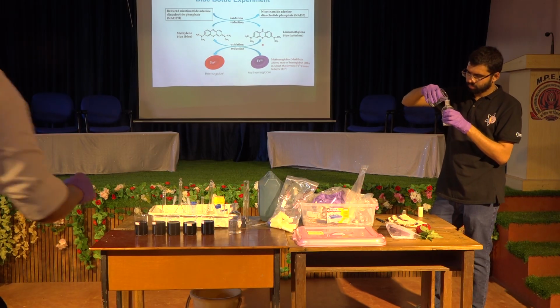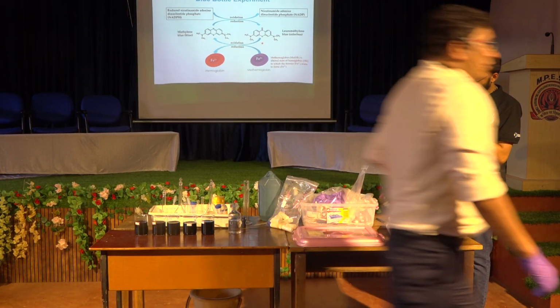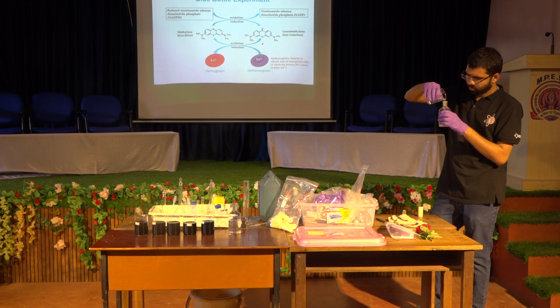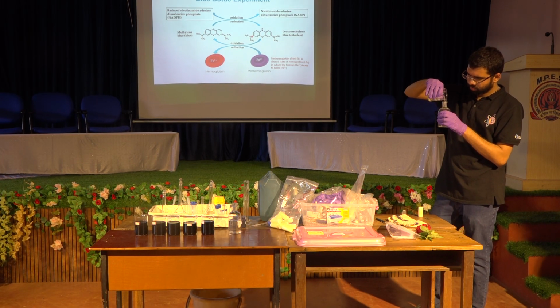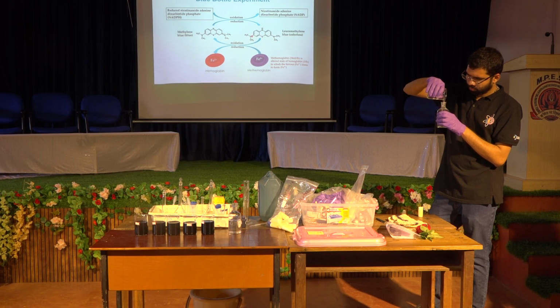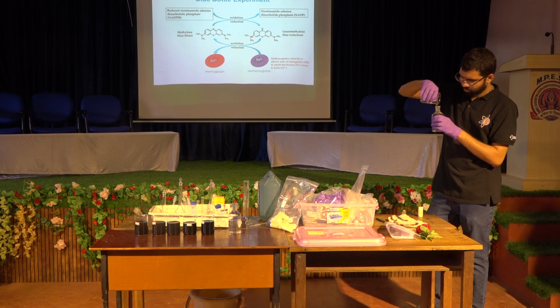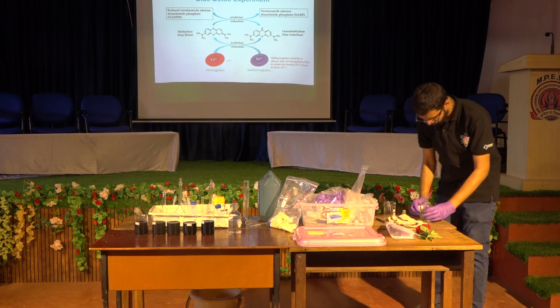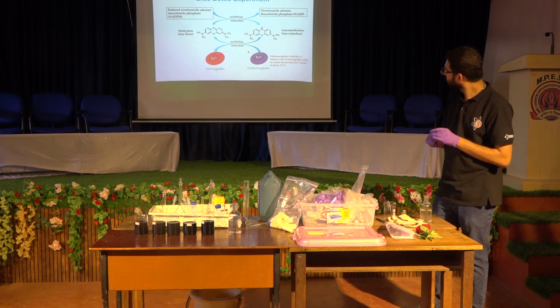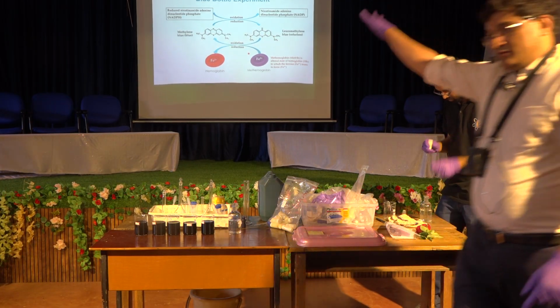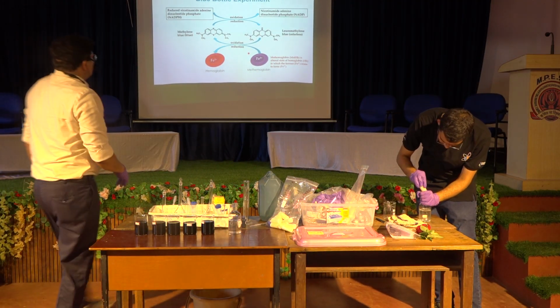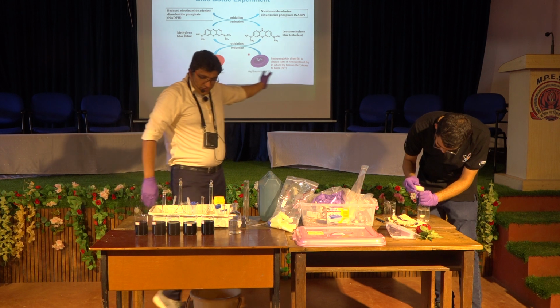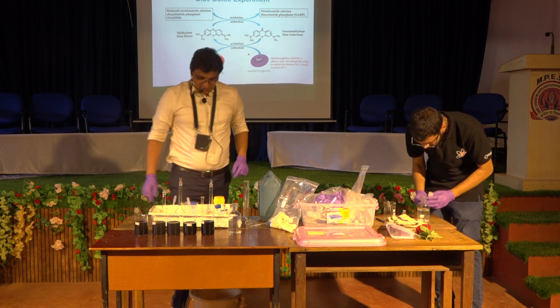Now, the reduced form of methylene blue can reduce iron back to 2+. And that's how this particular disease is treated using methylene blue. So it's a well-approved drug for treating this bad hemoglobin kind of disease.